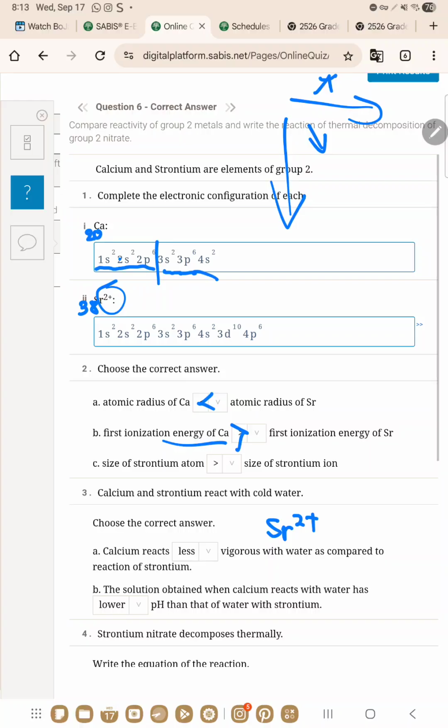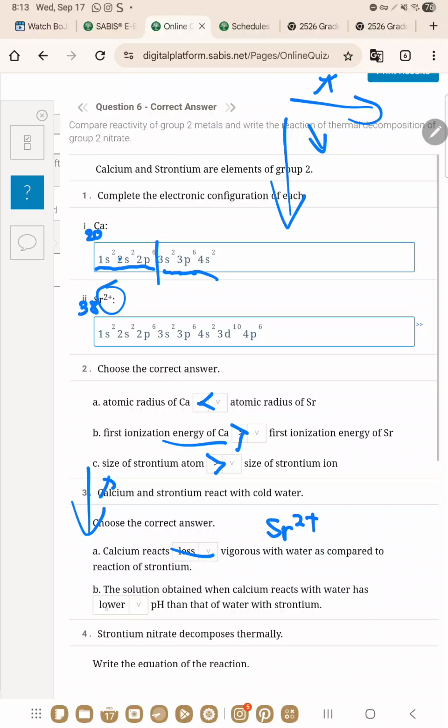So the electrons are gonna be pulled in closer to the nucleus, making the ion shrink in size, because you have way more positive charge pulling everything towards it. So the atom is gonna be bigger than the positive cation, whereas in anions, the anion is bigger than the atom.